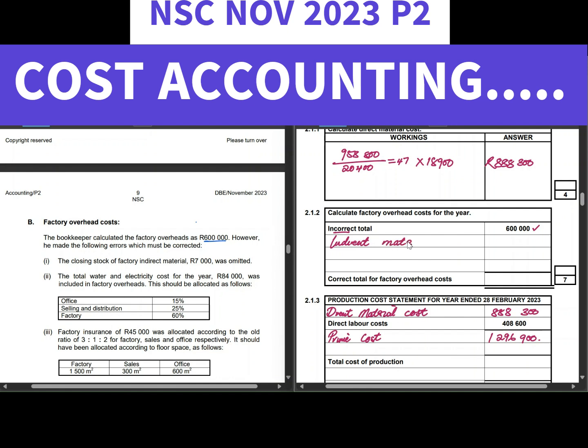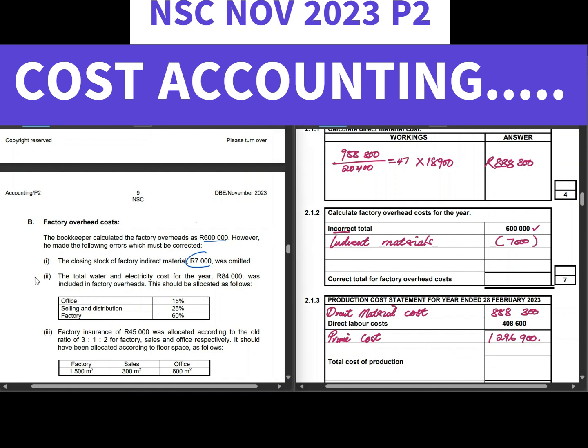Okay, so this is closing stock. And we know that when we are dealing with closing stock, it must be subtracted. So it means there is a 7,000 which was not subtracted. So I'll come here, then I'll say minus 7,000. This is what this means over here.